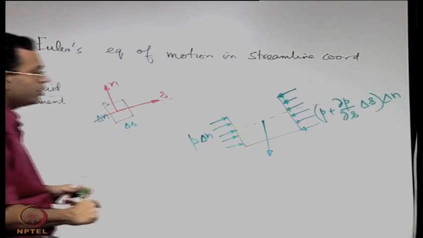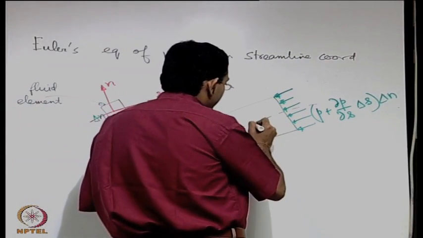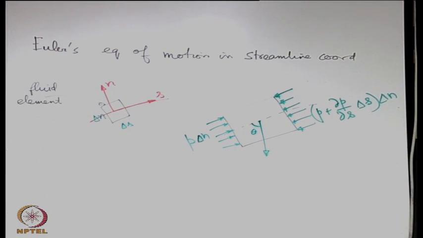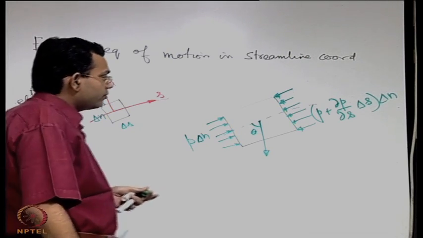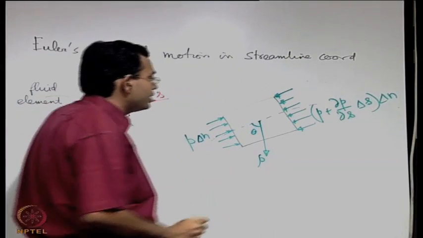Let us say this is the weight of the fluid element, and let us say that it makes an angle theta with the direction of S. So, what is the weight of the fluid element? Let us say rho is the density of the fluid element.